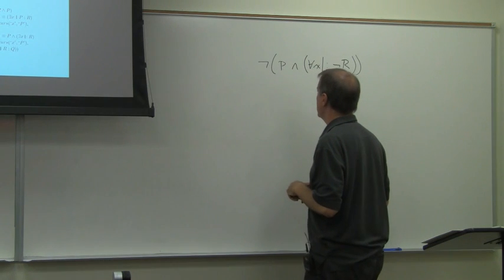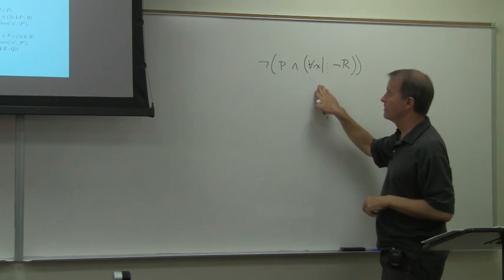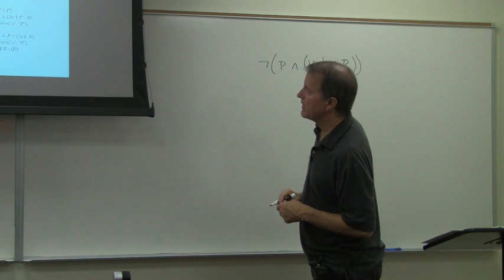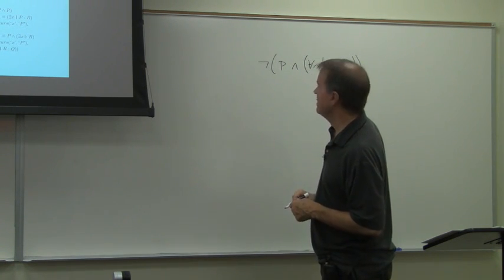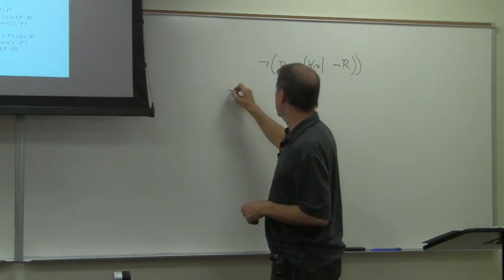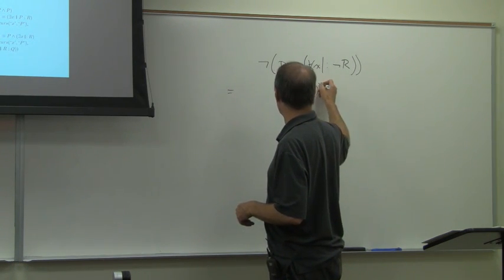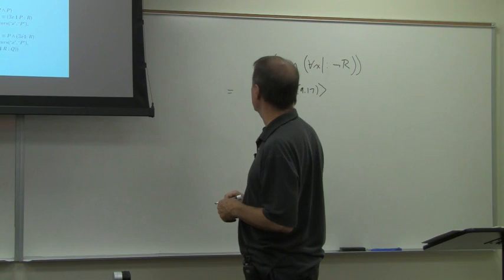And what step do you want to do from here? I want to use 9.17. Okay, so you're saying equals by 9.17. Now, in 9.17 we're going to substitute equals for equals, right?